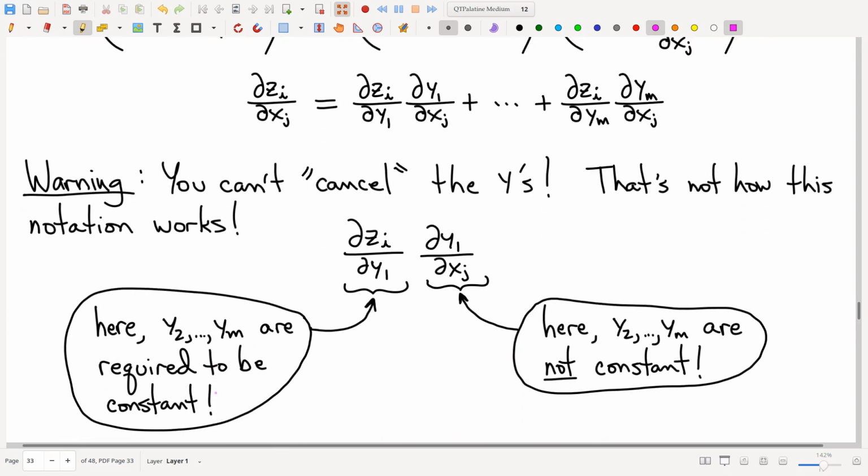When you start to write this down, let's imagine I say, okay, this partial is, and then I write that down. And then I have to pause and say, hey, wait a minute, that and that, aren't they the same? Can't I just cancel them away? And then check out what I get.